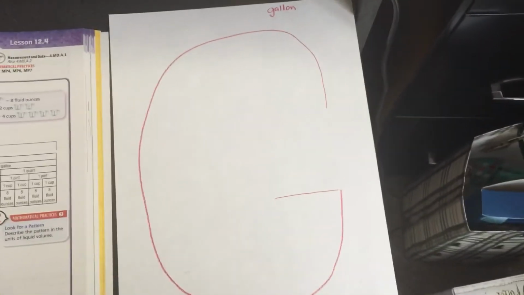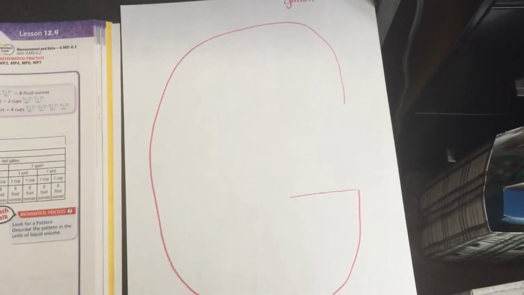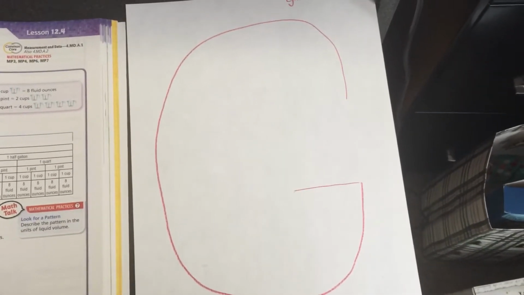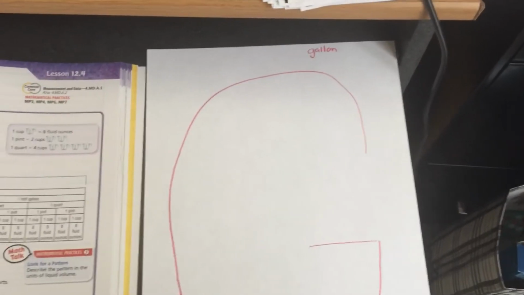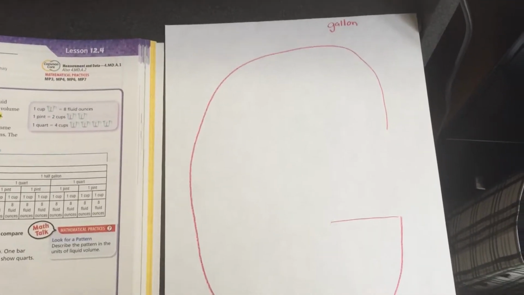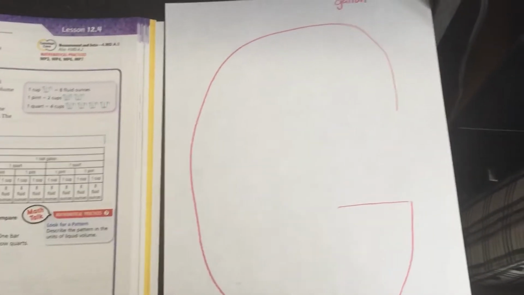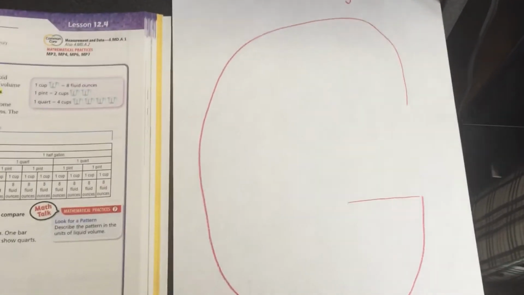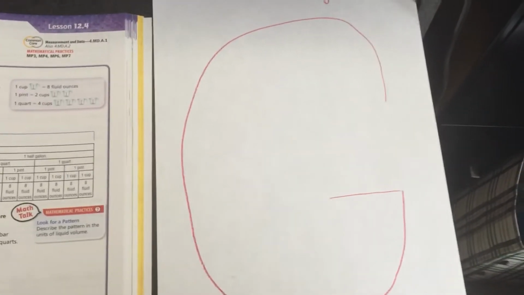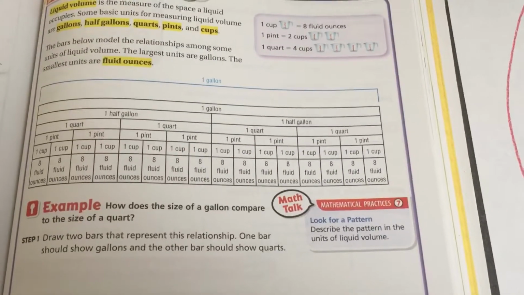Now on that piece of paper, I drew a big letter G. Okay? And that G is in red, and it represents gallons. So think of like a big gallon of milk that your mom maybe has in the fridge. And all of these other units of measurement fit inside that 1 gallon.